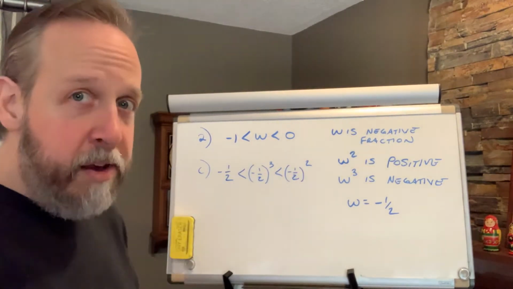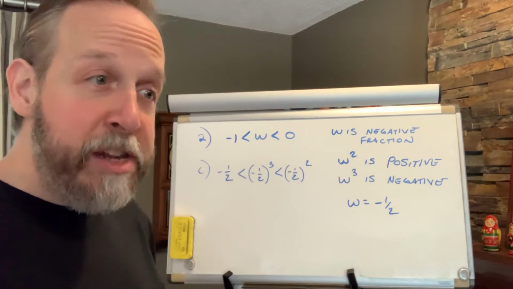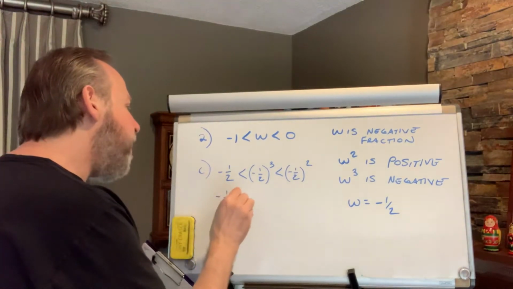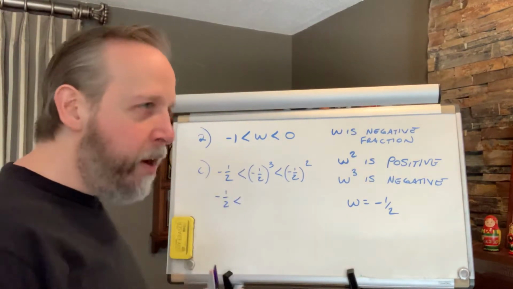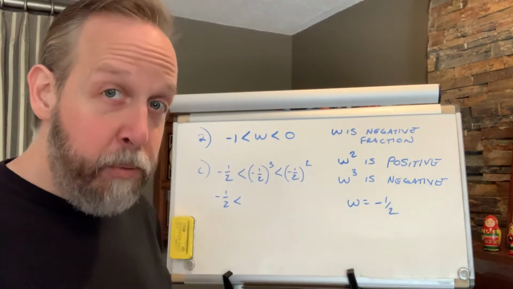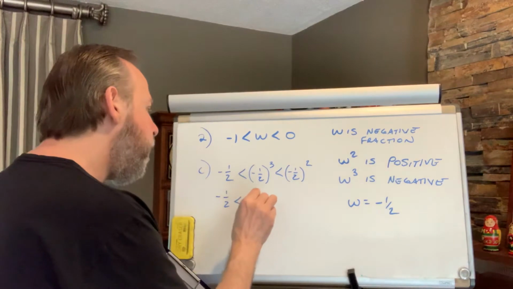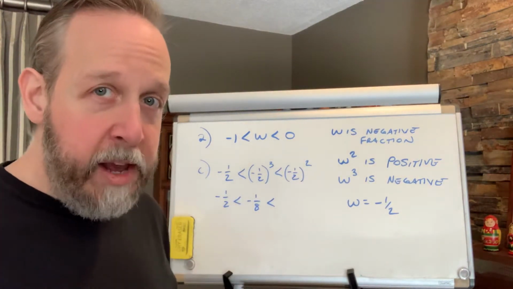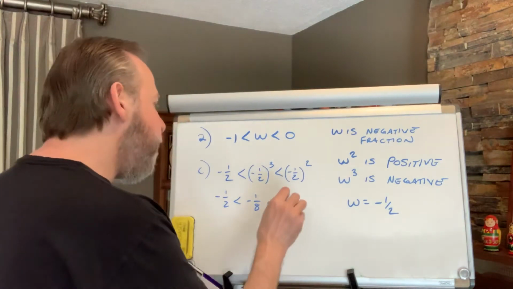Again, choosing a value is a great idea, especially in a situation like this. So that means -1/2 would be less than -1/2 to the third power, which is -1/8. And that would have to be less than -1/2 squared, which is +1/4.